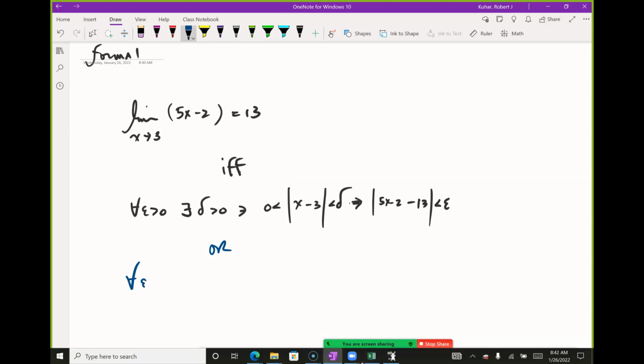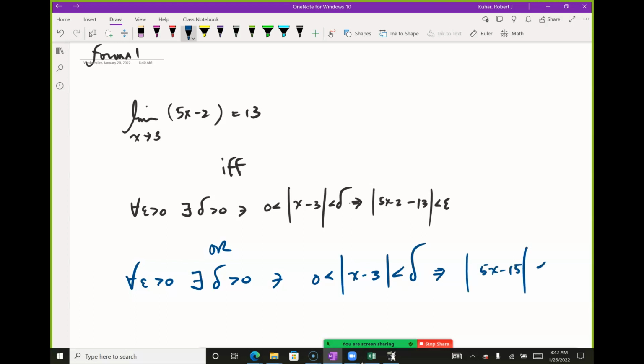So for every epsilon greater than 0, there exists a delta greater than 0, such that 0 is less than the absolute value of x minus 3, which is less than delta, implies the absolute value of 5x minus 15 should be less than epsilon. And so that's the piece I really have to prove ultimately.